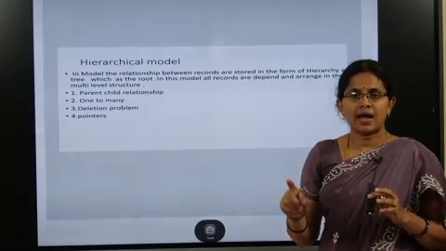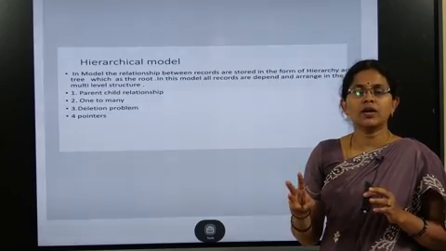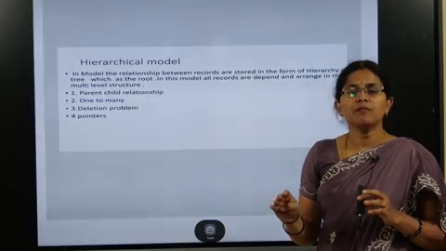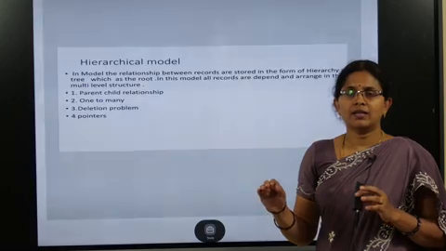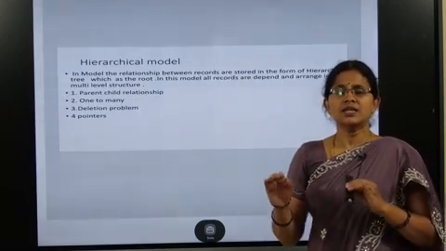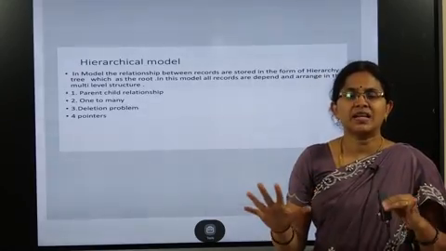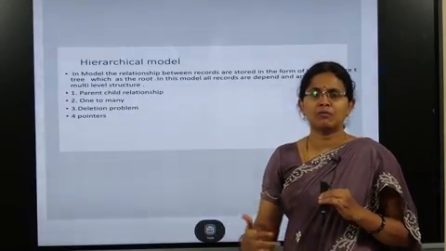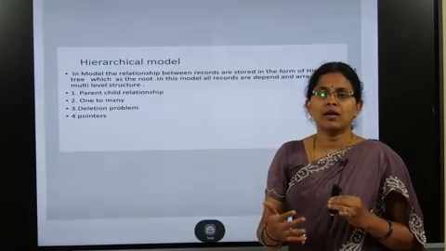First one is hierarchical model, second one network model, third one relational model, fourth one object oriented model, fifth one entity relational model, and the last one is multidimensional model. These six are the general database models which are used. Apart from this, many others are there: flat model, structured model, unstructured model, table model, like this.